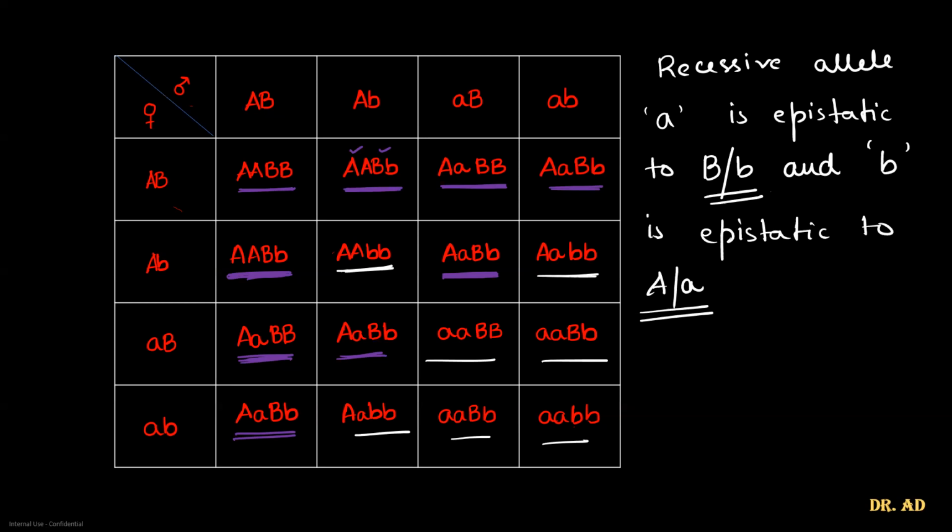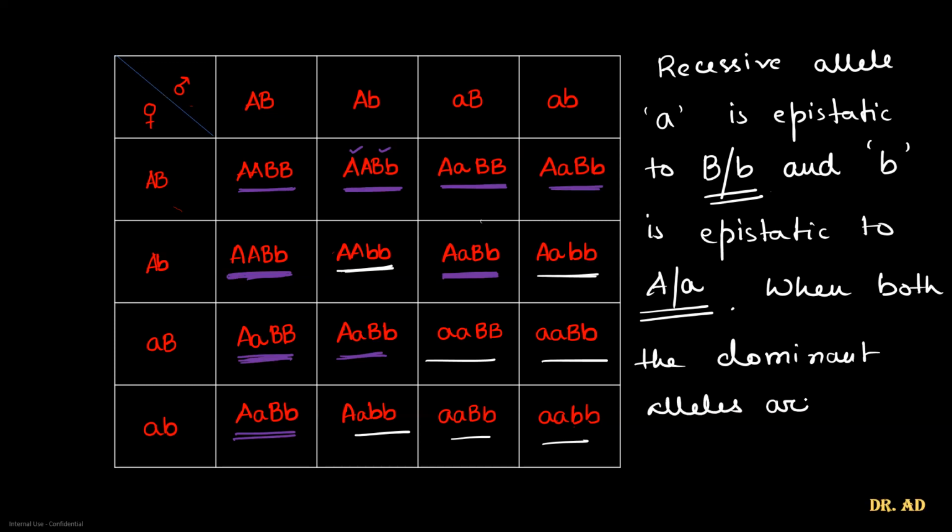Now see, when both the dominant alleles are present together, that means what? What are the dominant alleles here?